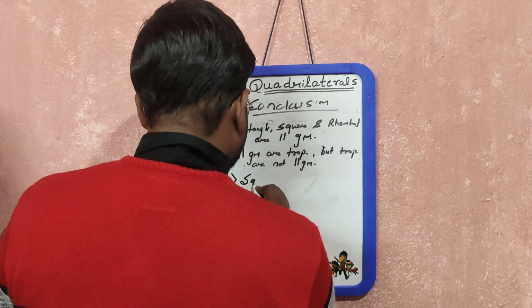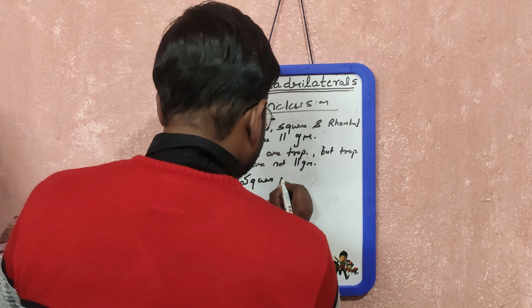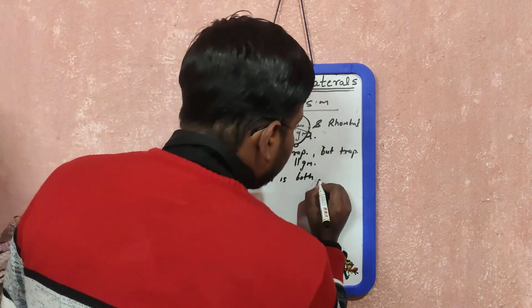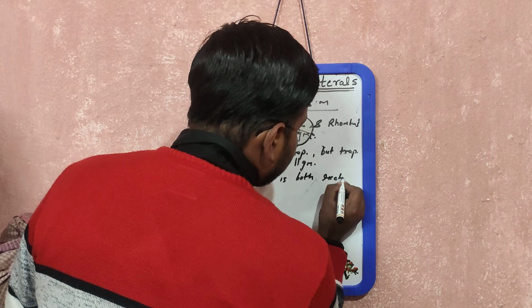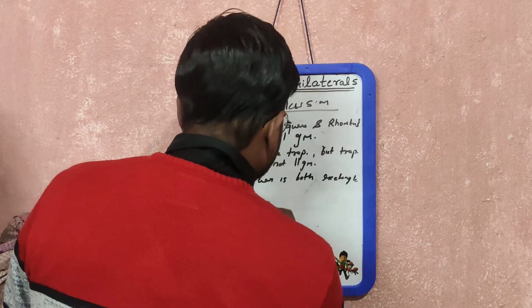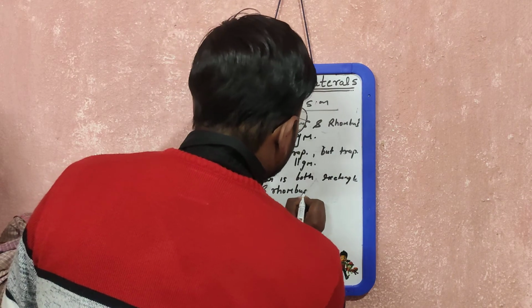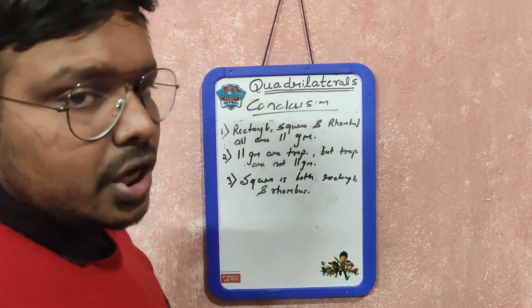Then square is both rectangle and rhombus. The square is said to be both rectangle as well as rhombus.